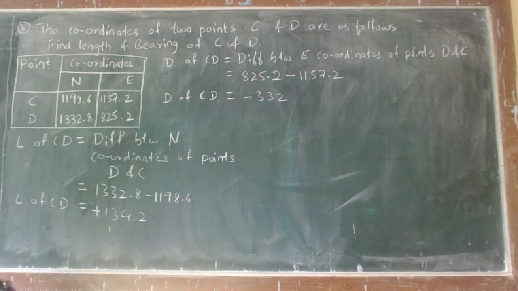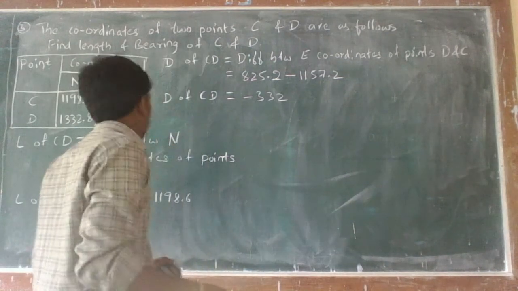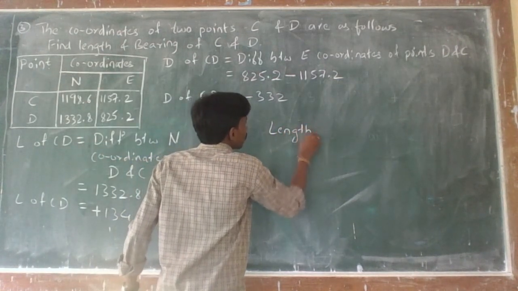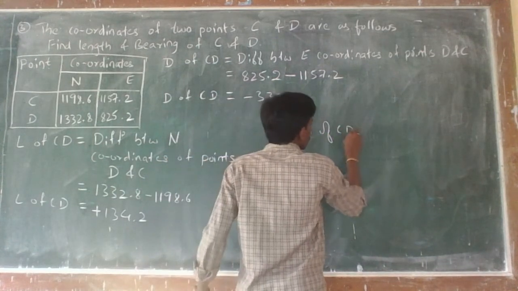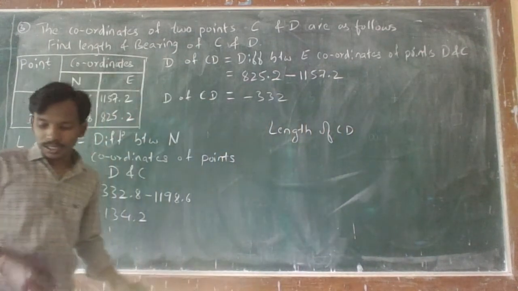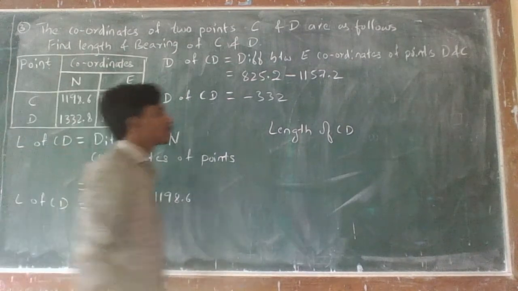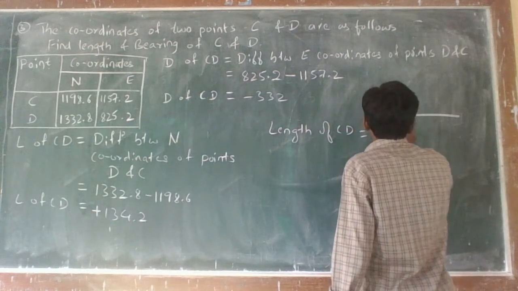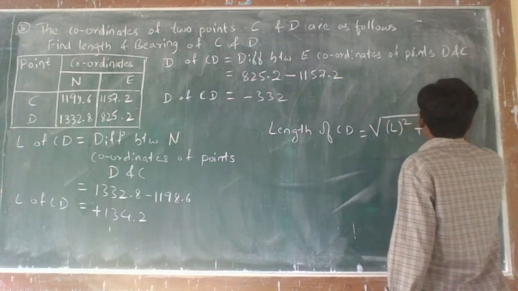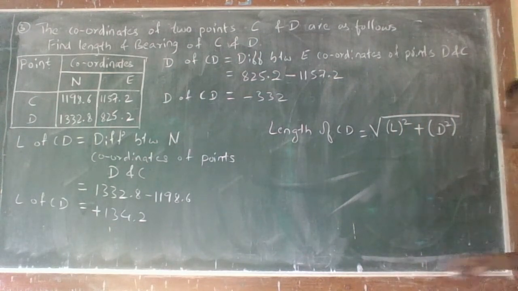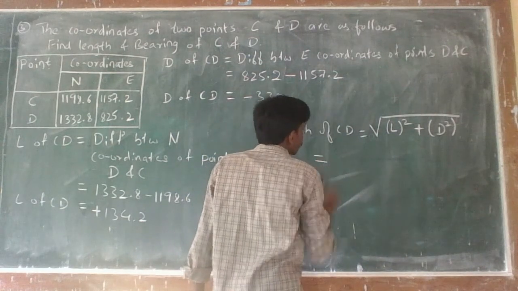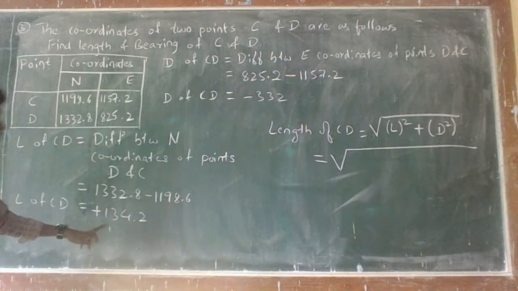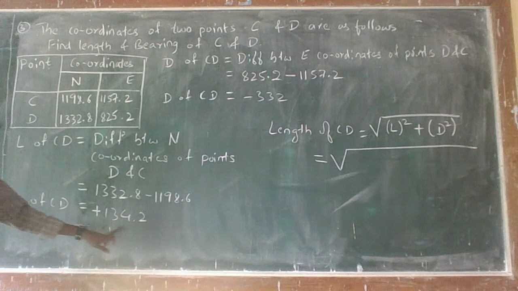Now let's calculate the length. So length of CD is equal to square root of latitude square plus departure square. Now square root of, here you can see the latitude value which is positive 134.2.